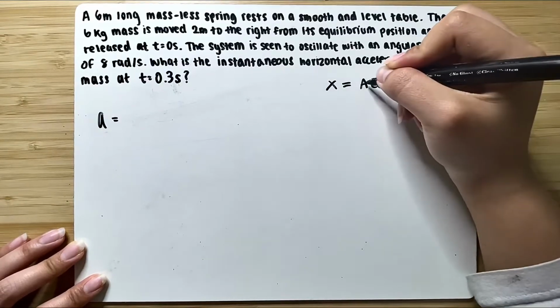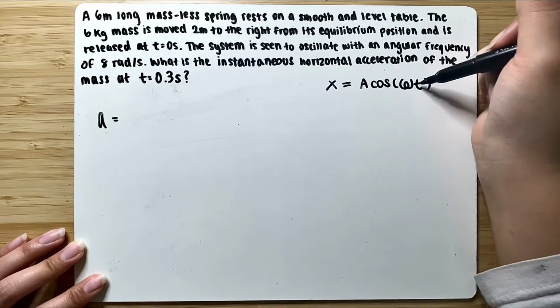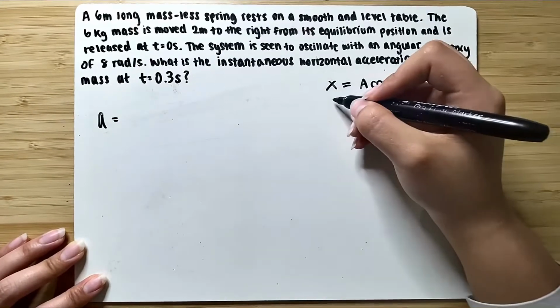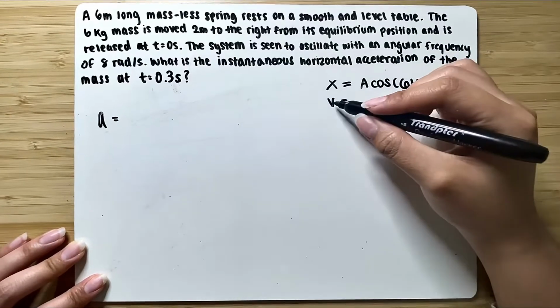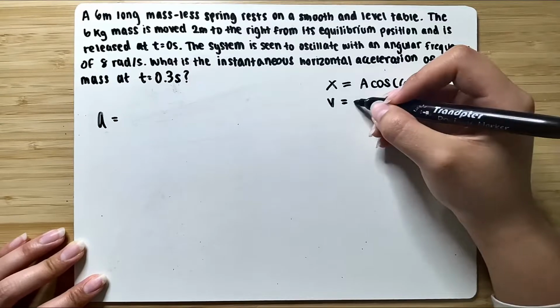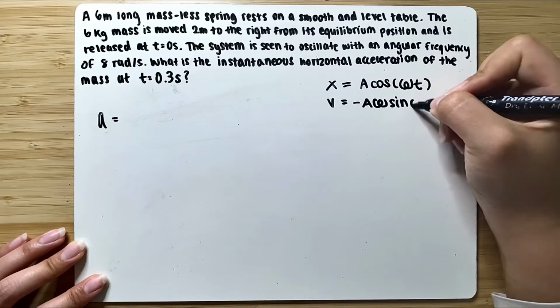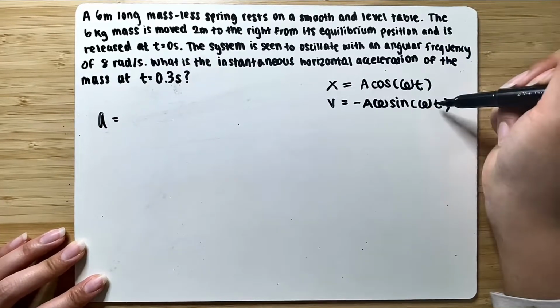A stands for amplitude, omega stands for angular frequency, and t is for time. The second derivative of that will give you acceleration, which means let's find the first derivative in terms of t. The first derivative will give you velocity. So you get negative A omega sine omega t.